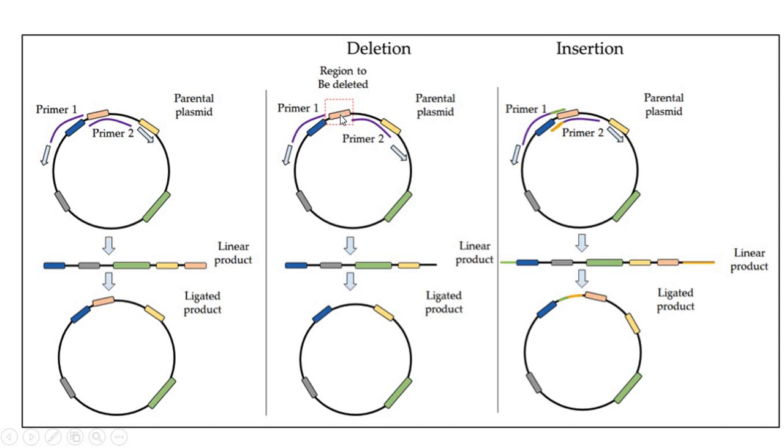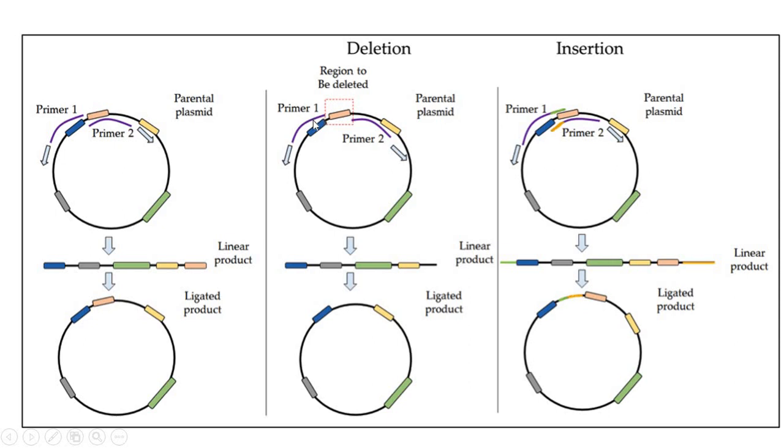But if we want to delete a portion of this plasmid, make site-directed mutagenesis, and we say, I want to understand what's the function of this particular sequence, so I want to delete it and see what happens, then you design your primers so that none of them overlaps or amplifies this portion.